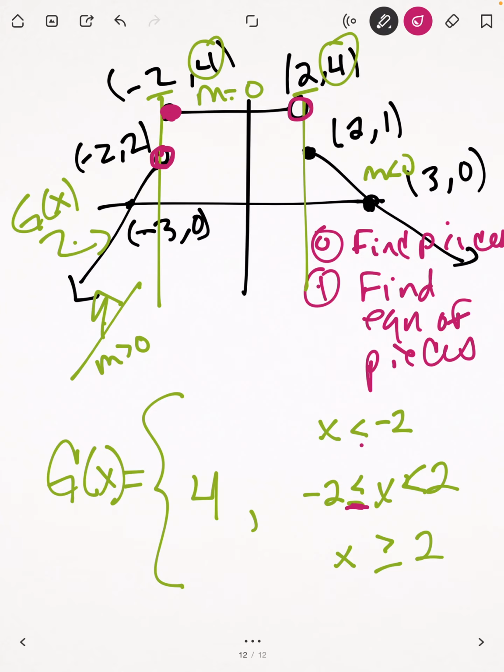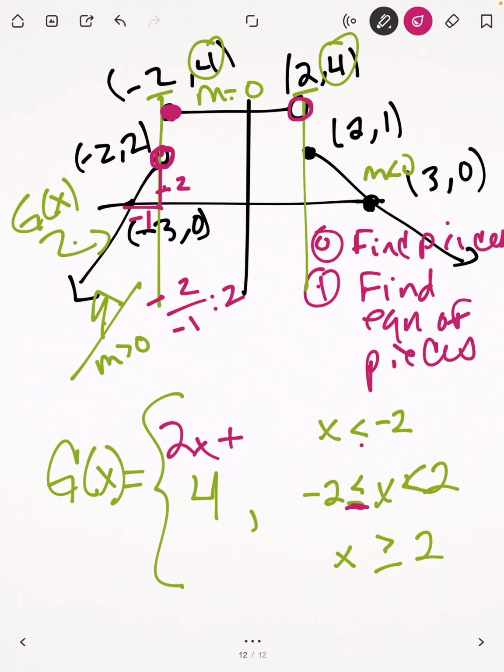And so at this point here we have -2, 2, so we can look at our rise over run method. We go down 2 to get to 0, and left 1 to get to -3. So our rise is -2 over -1, which is 2. So we have 2x plus, and now we need our intercept, and I don't have a lovely trick for this one.